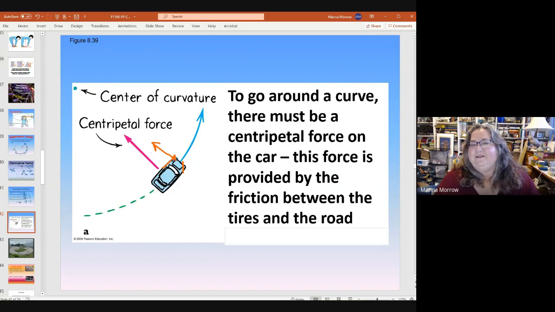So the tires are giving you the frictional force that you need to actually stay on the curve. Okay, so you're turning your wheel so that your tires are basically interfering with going straight. And so that provides the centripetal force that you need. And if you don't have friction between the tires and the road, then you're not going to be able to bounce towards the center.